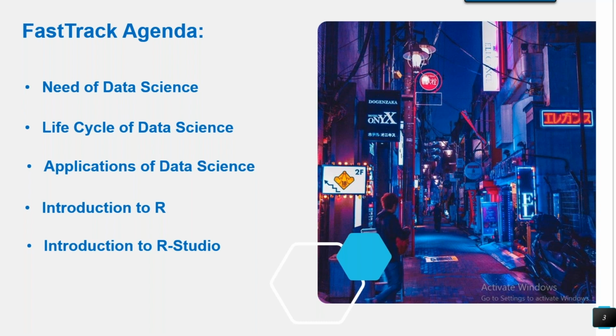So what do we mean by data science? Basically, applying science on data to make the data talk to us. Data plus science is equal to data science. Data science is an umbrella which encompasses multiple domains.